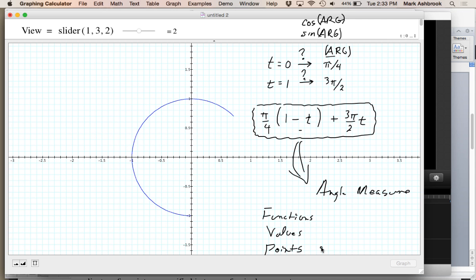Remember if we said, like, 5, 3 and 2, -4, do you remember what that did when we put a line like that? It gives all the points on the line between the point 5, 3 and 2, -4. So this is a versatile thing. It can be used for functions, values, points. In this case, we're using it for angle measures. Okay.